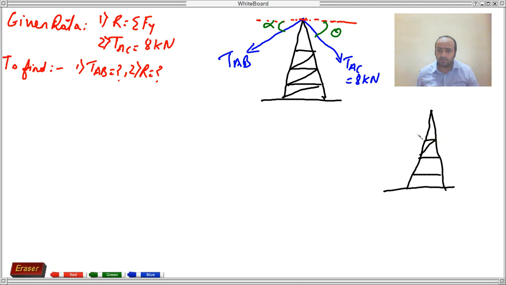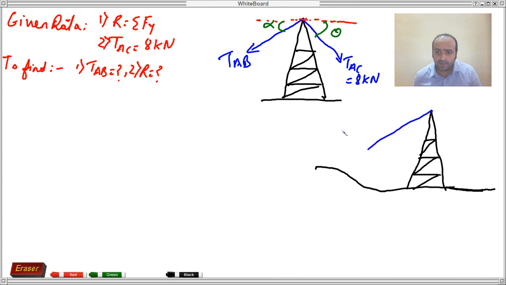Once I'm done with this, it's very clear cut, shown over here like this. Now if I am seeing the cables, one of the cables is coming like this over here and the other cable is coming like this over here.